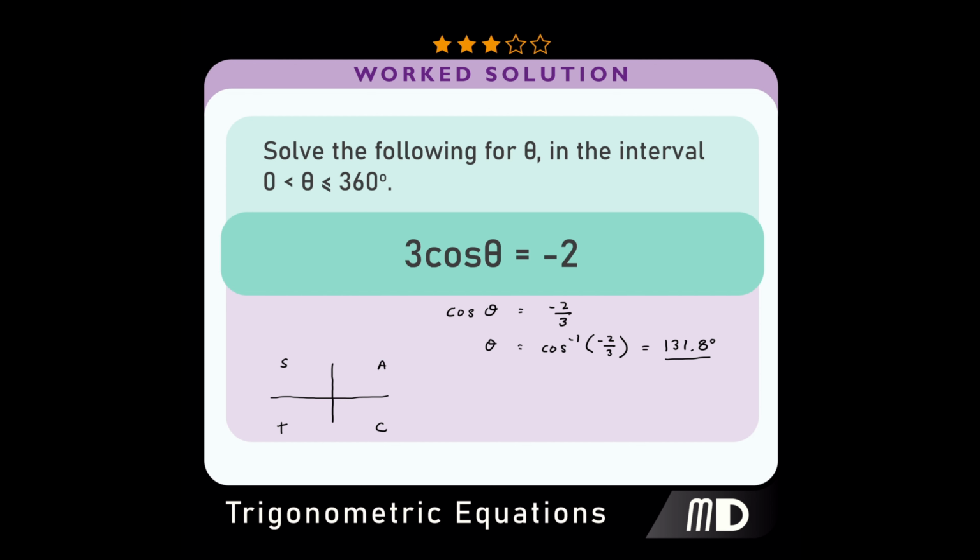Each quadrant represents positive values for sine, cosine, and tangent, or, in the case of all, positive values for all 3.